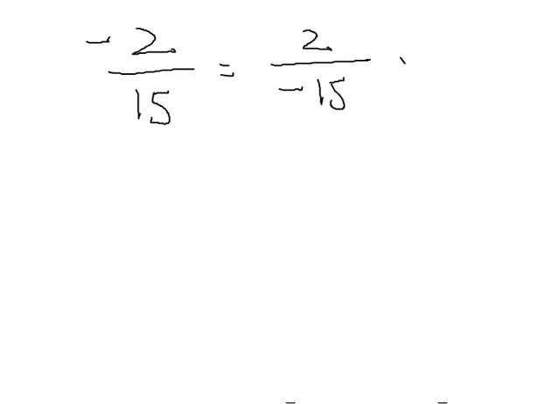And so if we now simplify the two fractions on the left-hand side, we'll end up with negative 2 over 15. And on the right-hand side, that becomes 2 over negative 15. And we know that those two fractions are equivalent, so we're assured that negative 1 is a legitimate solution to the equation. And let me encourage you to practice checking the value negative 4 in the original equation as well.